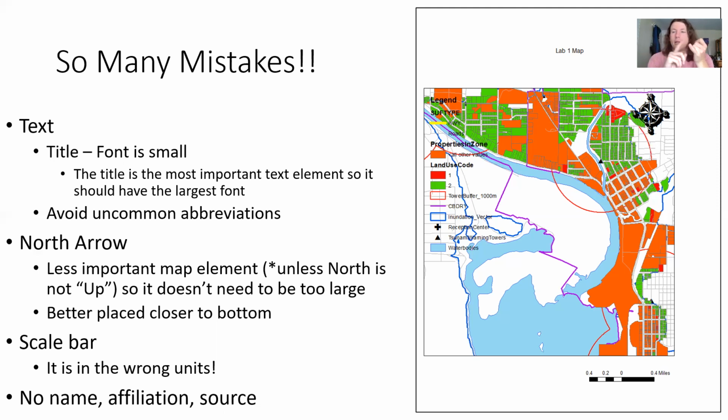You want people to know who made the map, who they worked for, or at least what organization they're associated with, why they made the map, and the data sources. Where did the information come from? It's important to be transparent about the mapping you're doing so that people can fully assess whether the map is trustworthy, and why someone might have made the map. Are there biases associated with the organization they're part of?